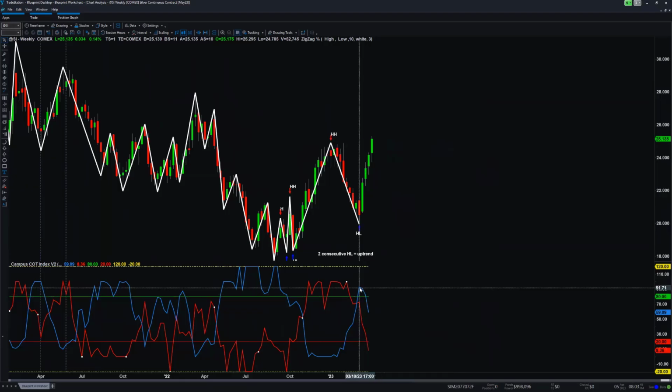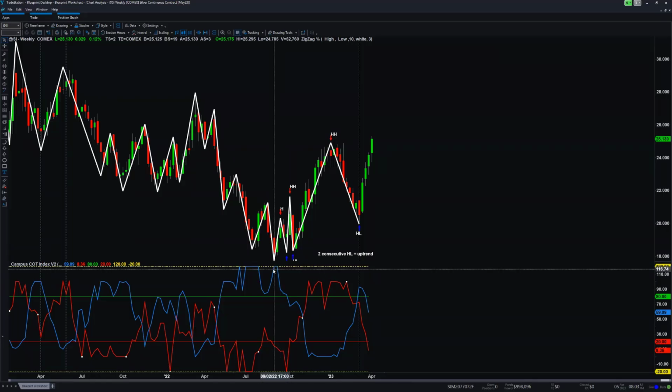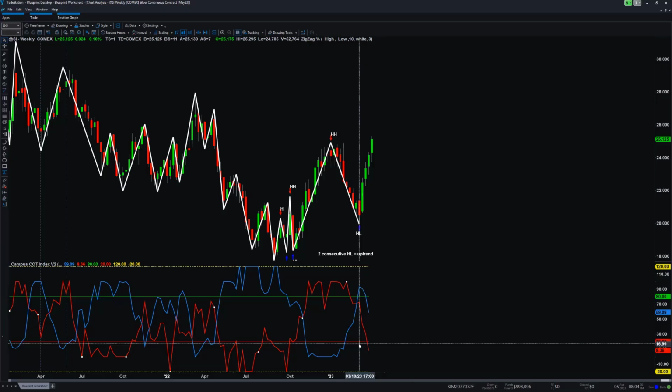And then a reading here doesn't get a lot better than this, post this extreme. Here's an example where you're here and the commercials are buying, but the retailers are not on the other side. It doesn't mean that you don't have to take the trade, right? Again, the retailers are not always wrong.